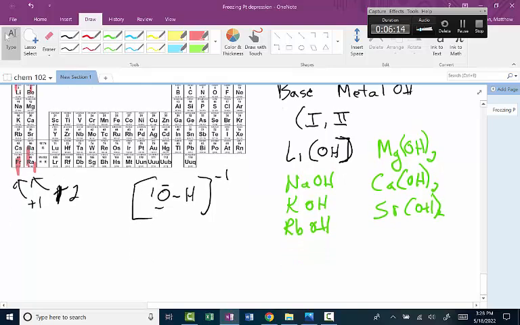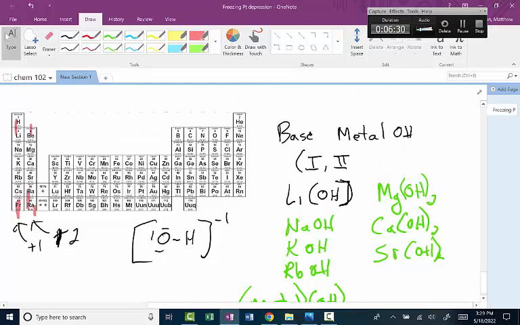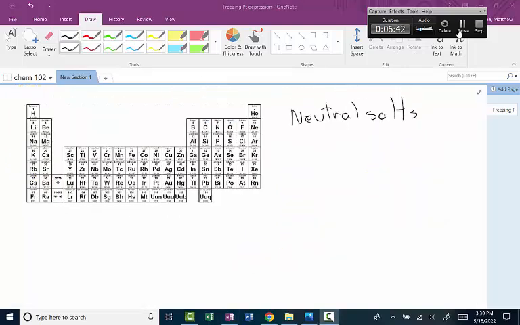So what you're looking for is a metal with OH for us. That's not always true, but in our class, it's going to be true. Those are strong bases, and they're going to come from these two columns over here on the left side, 1A and 2A column.